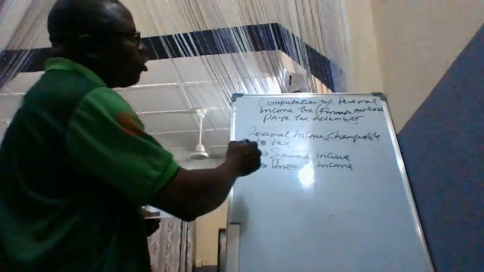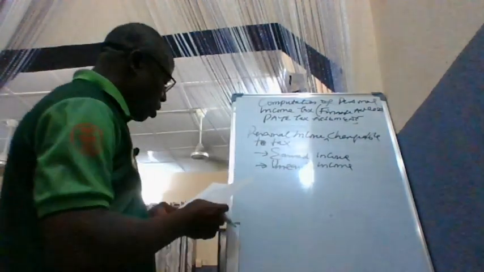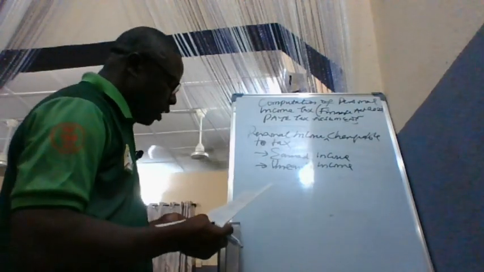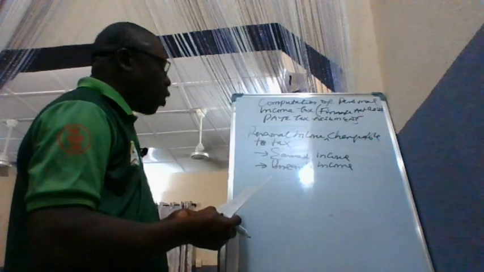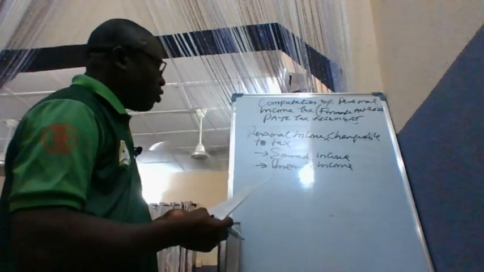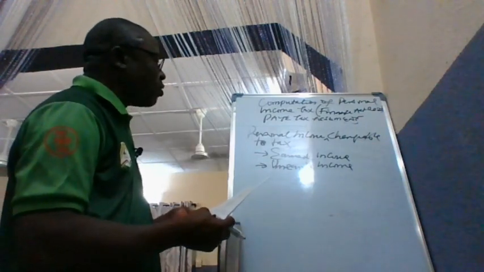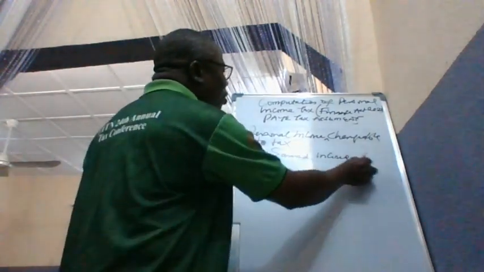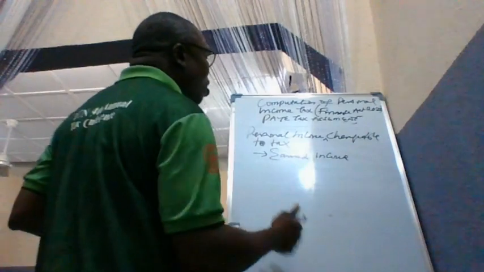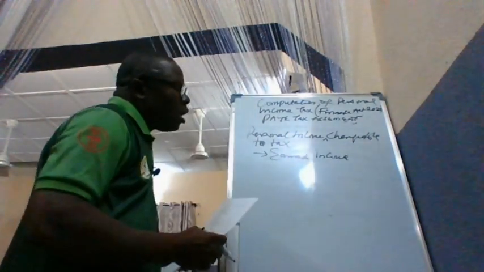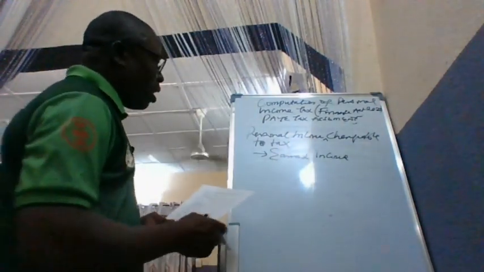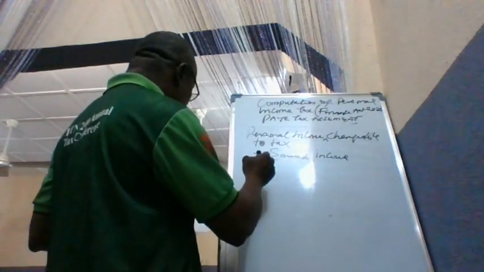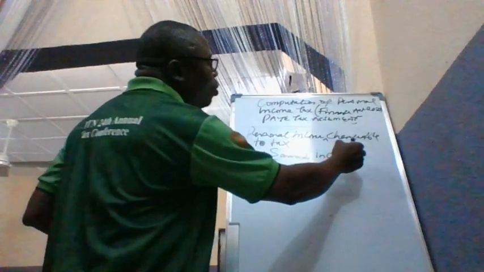When we talk about earned income, we are looking at the income that has to do with employment, and income from trade or business. Let's take them one by one. Earned income includes the following.